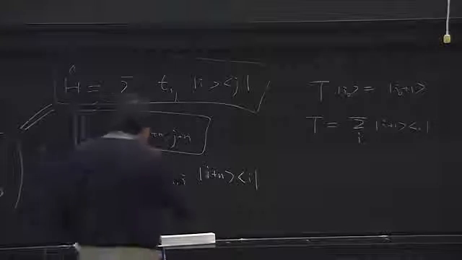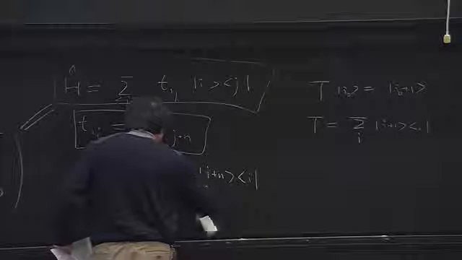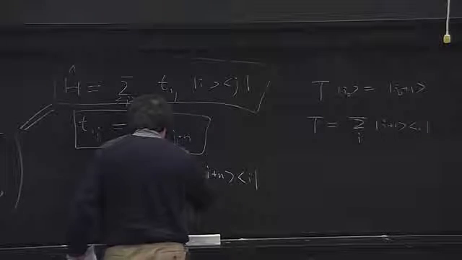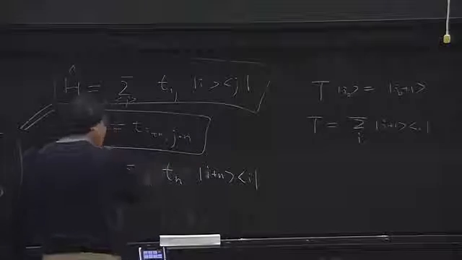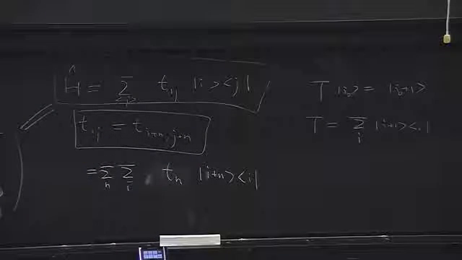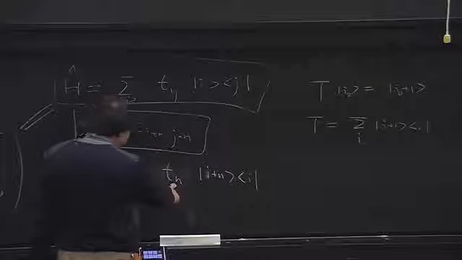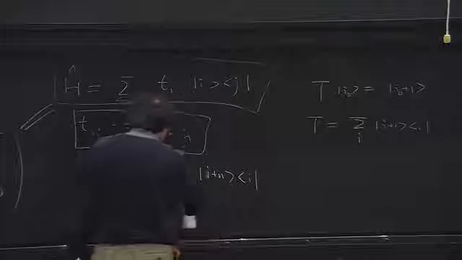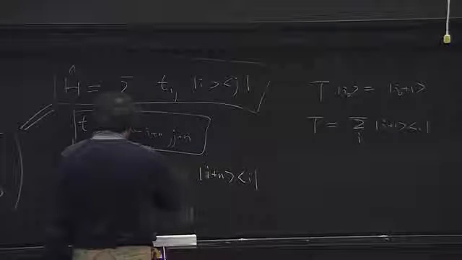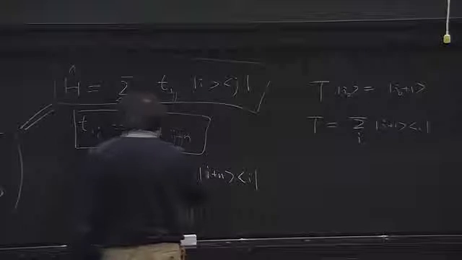So this is actually T_n, where n means how many steps you hop. For nearest neighbor, n is just plus or minus 1, etc. Now, because T does not depend on i, the summation over i can go inside, and you get T_n summed over i.